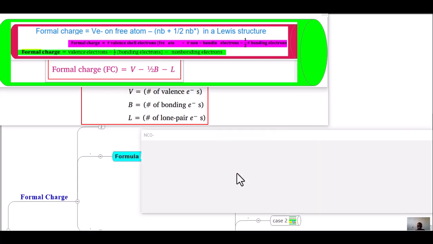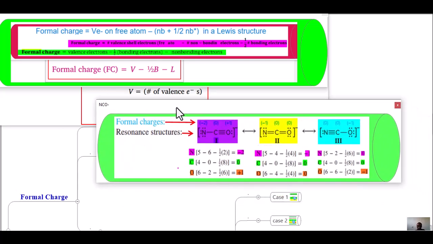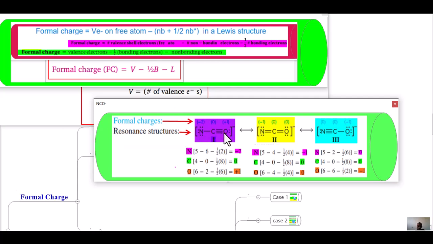The third example is the formal charge for nitrogen, carbon, and oxygen for these 3 resonance structures. Let me do the first one, and you can do the others in a similar way. For this resonance, we know that nitrogen has atomic number 7, that is 7 electrons. If you configure 7 electrons, we will get 2, 5.